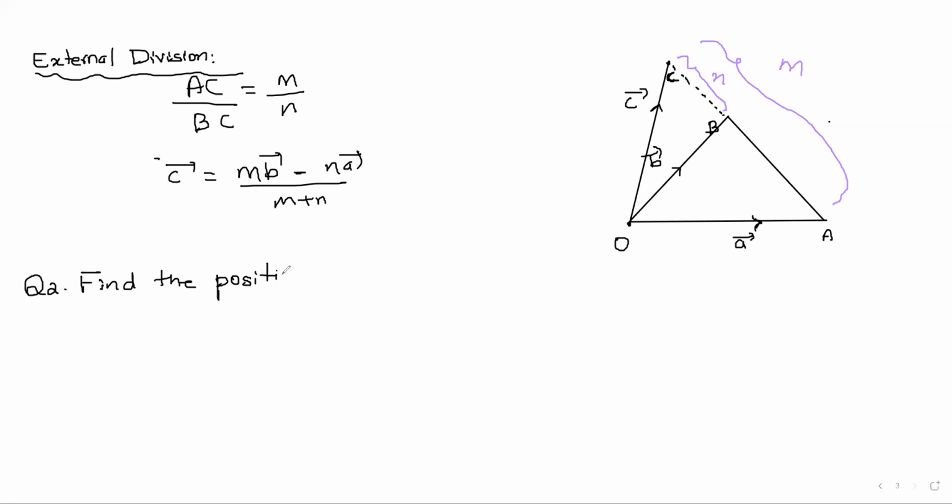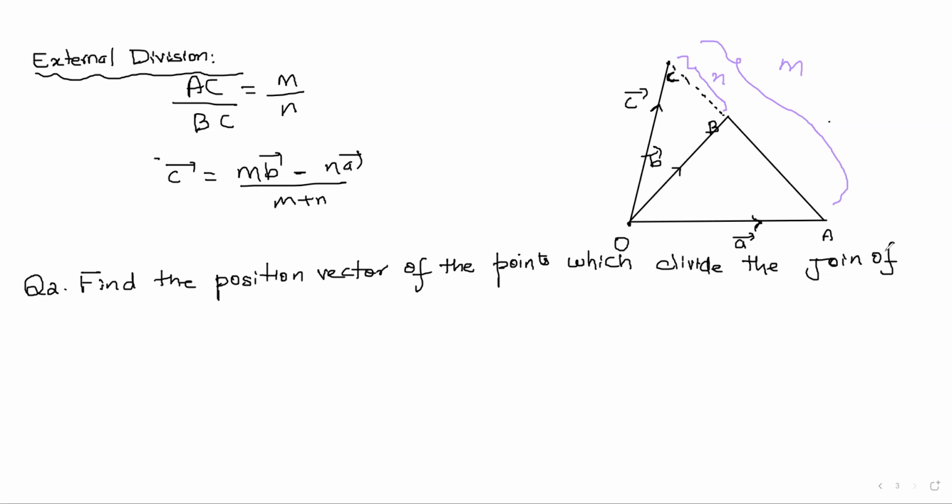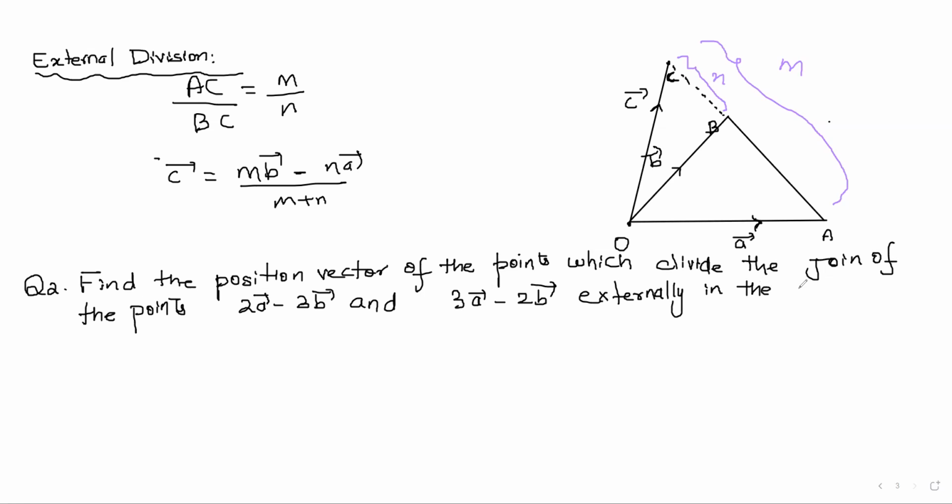So the question is, find the position vector of the points which divide the join of the points 2a minus 3b and 3a minus 2b externally in the ratio 2:3.